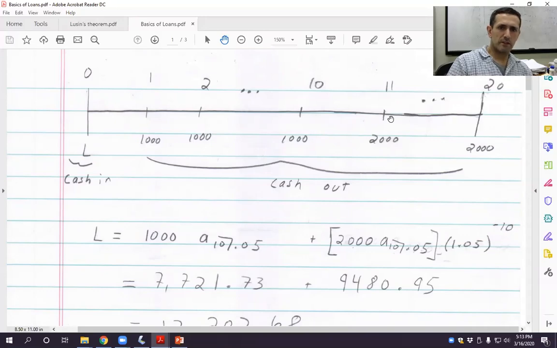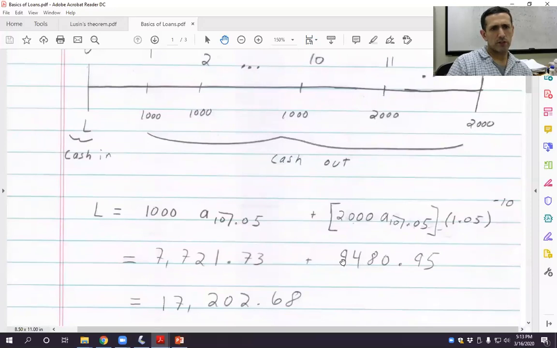At t equals 0, this is the present value of the 2,000 payments, but it has to get discounted by 10 years. We don't really want the present value of the 2,000 payments at t equals 10, we want it at t equals 0. So we discount it by 10 years, same interest rate, 5%.